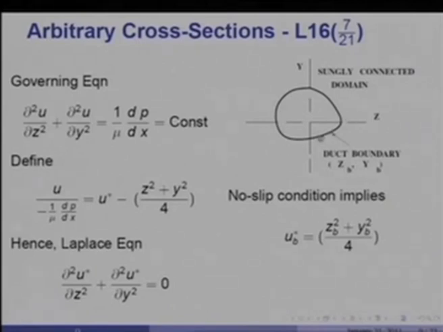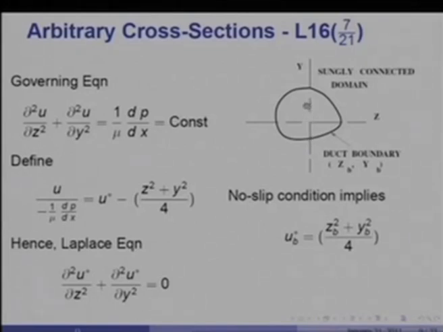Singly connected domain implies that once I put a pencil at any point on the domain and I go anti-clockwise or clockwise, does not matter, I must return to the point of origin without lifting the pen. So, that is the only constraint on this method.